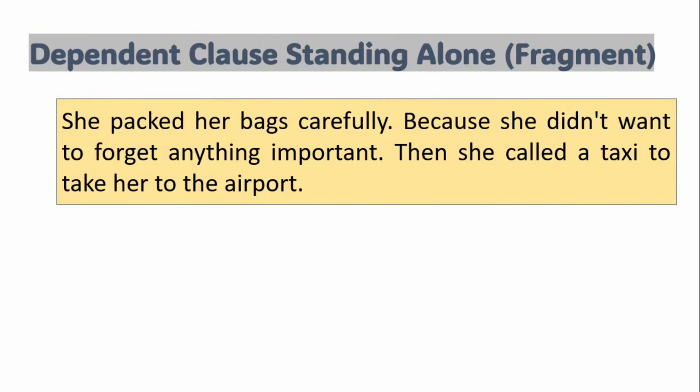It means that it should depend on another sentence in order to give you a complete idea or in order for the meaning to be complete. Then she called a taxi to take her to the airport. So this one, of course, is wrong because here, this sentence should be linked to this one in order to make it a complete idea.